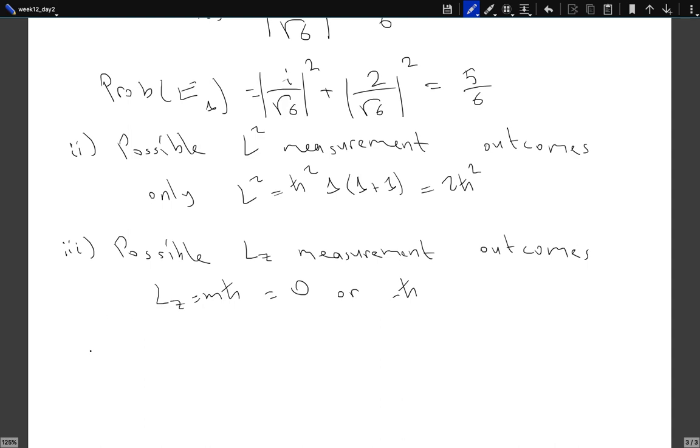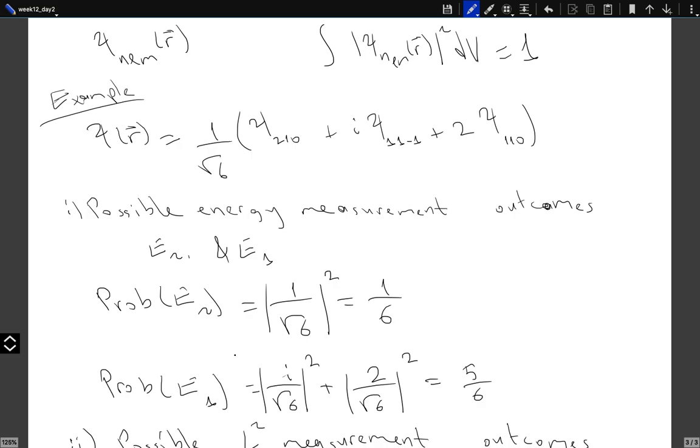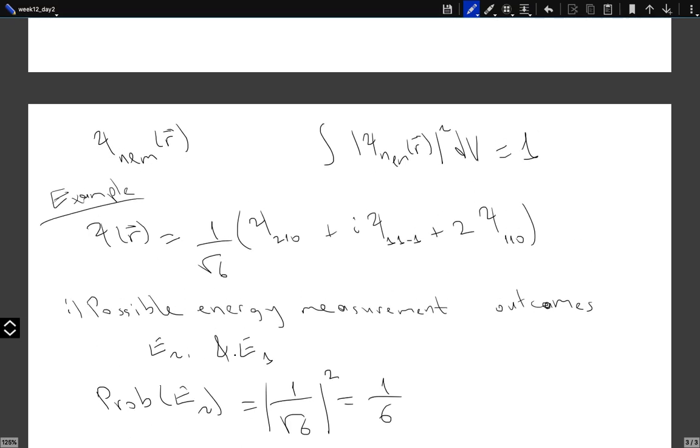Now, what are the probabilities? Well, the probability of having Lz equal to 0 is this one. This has Lz equal to 0, and this one has Lz equal to 0. For this wave function, the coefficient is 1 over square root of 6. Take the absolute square.